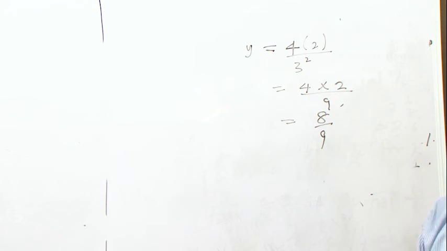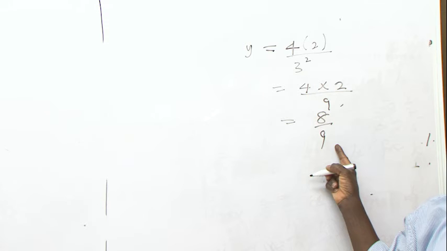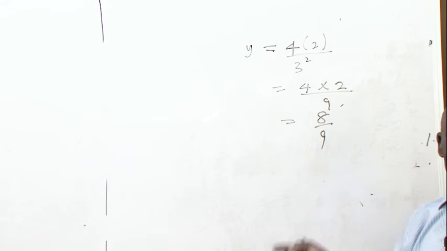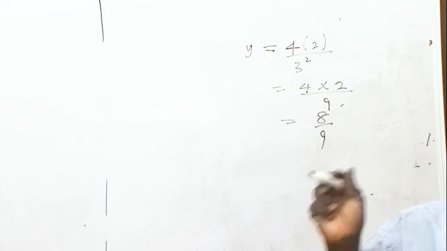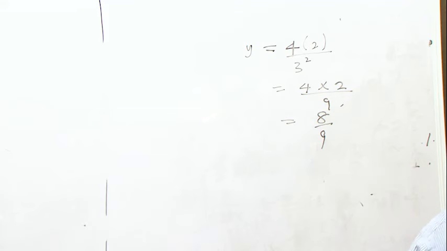Please do not change this one to decimal. If you change this one to decimal, you get another thing entirely. 8 over 9 will be 0 point something something. No. 8/9 is 8/9.